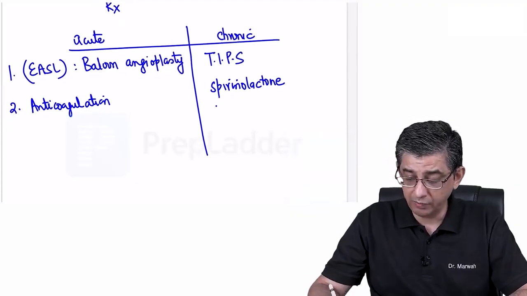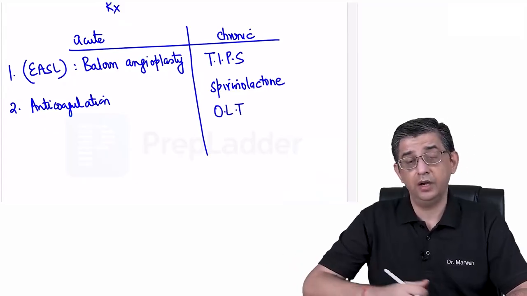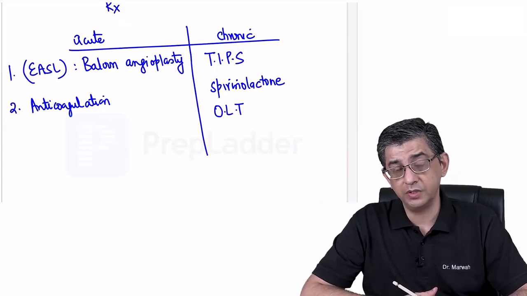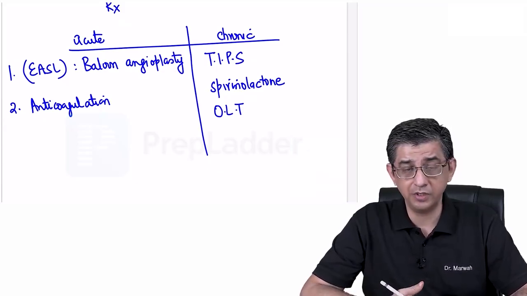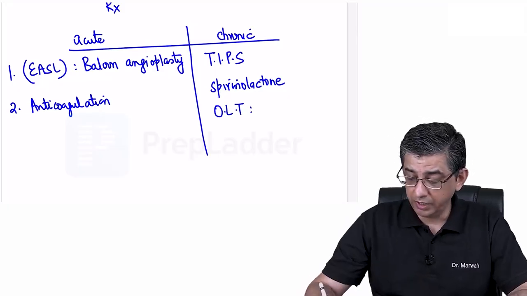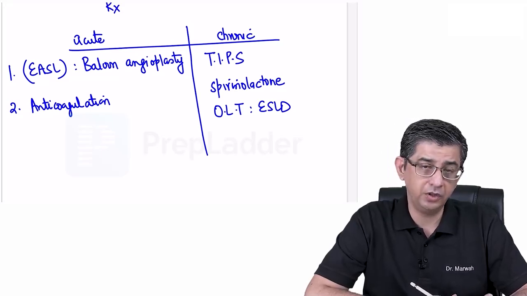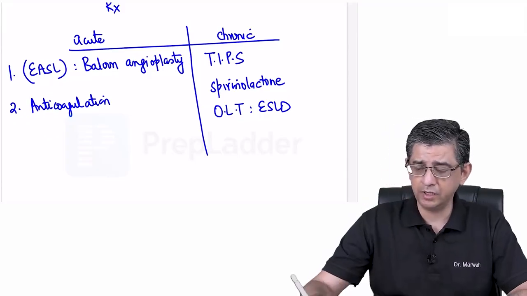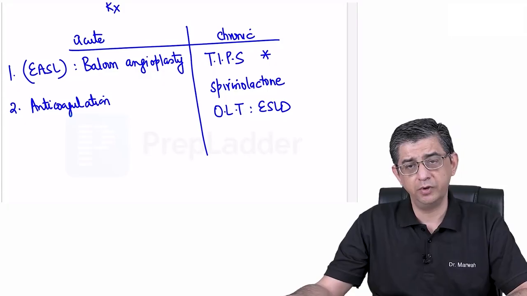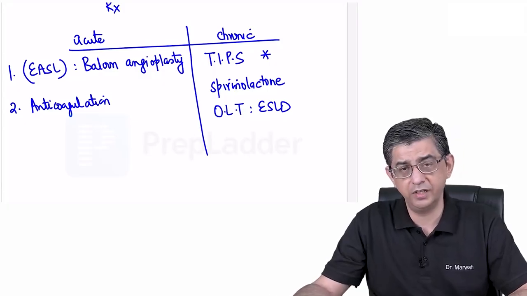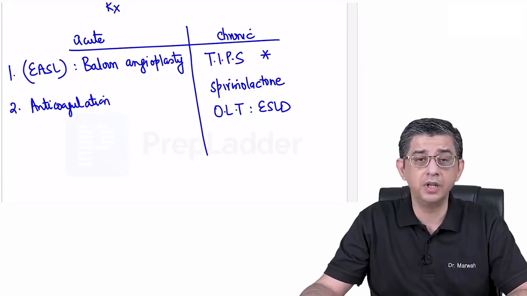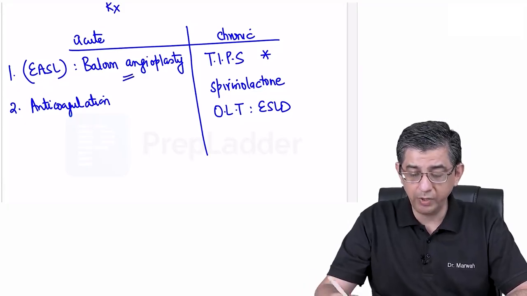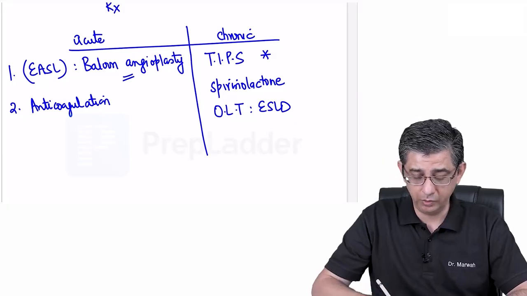And if there is development of end stage liver disease, if the patient is deteriorating towards decompensated cirrhosis and the complications are becoming obvious, we will make the patient and the relatives aware that they need to undergo orthotopic liver transplantation. So for chronic, it's relatively easier, I would say. TIPS, drugs, supportive care, and for end-stage liver disease the management is liver transplantation. But in acute, which is more probably asked in the exam, it would be balloon angioplasty.